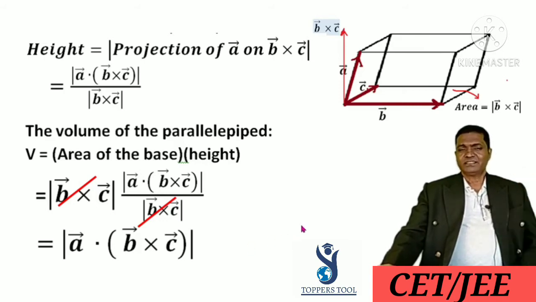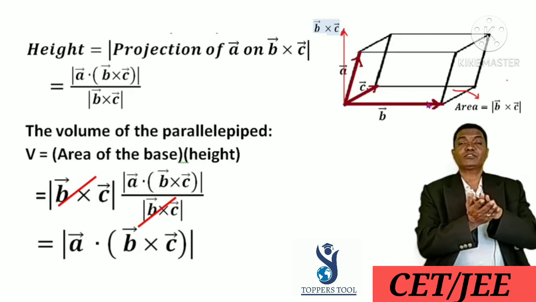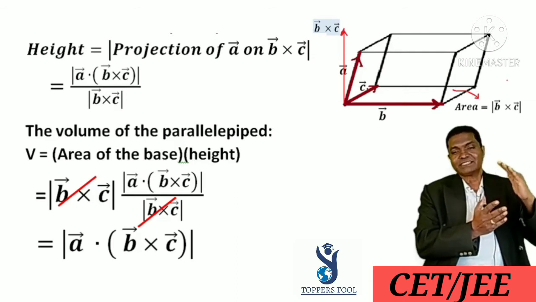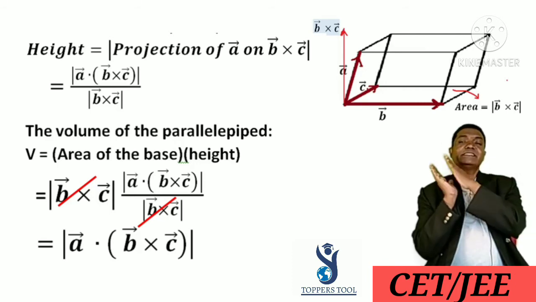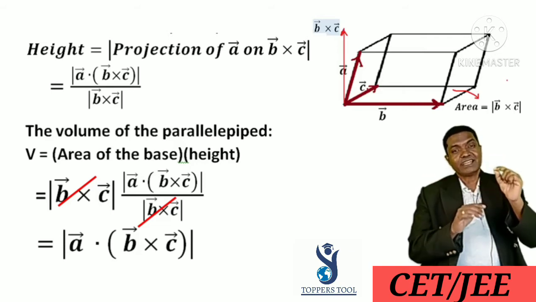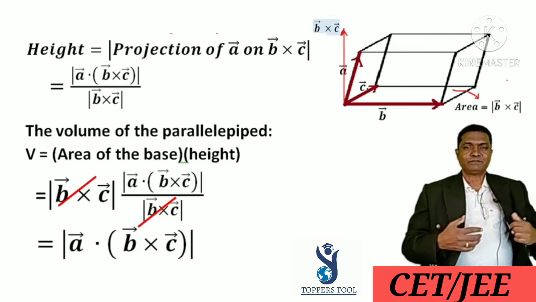So remember this. One thing to be noted: when you press this parallelepiped so as to form a plane, meaning all the vectors, vector A, vector B, vector C, lie on the same plane, then the volume becomes 0. In such a case, we can say that vector A, vector B, vector C will be coplanar.